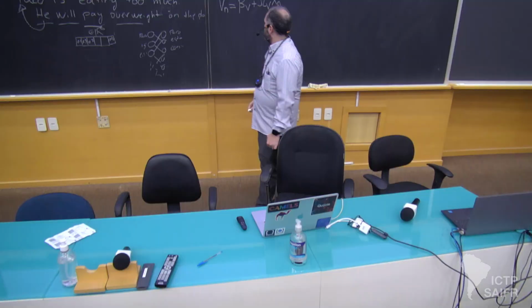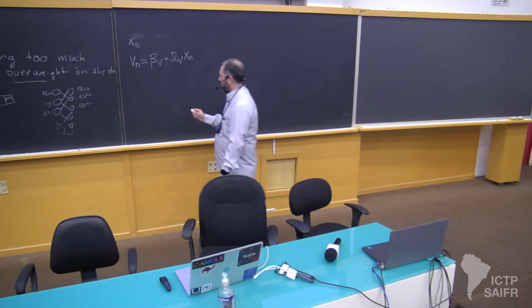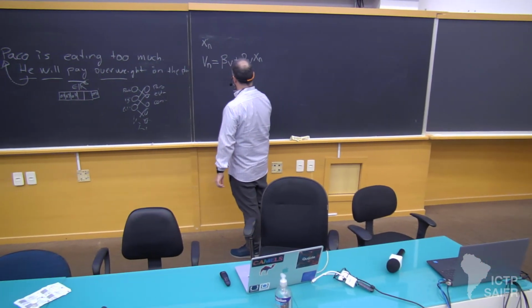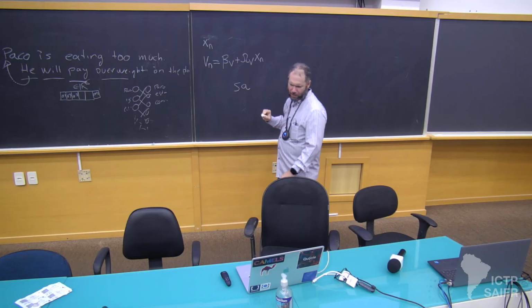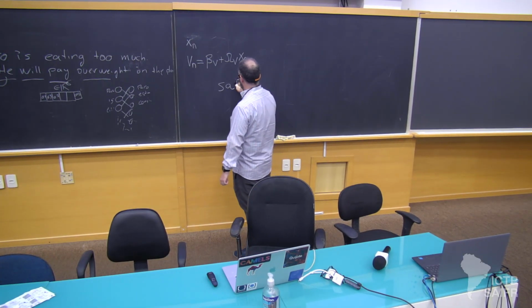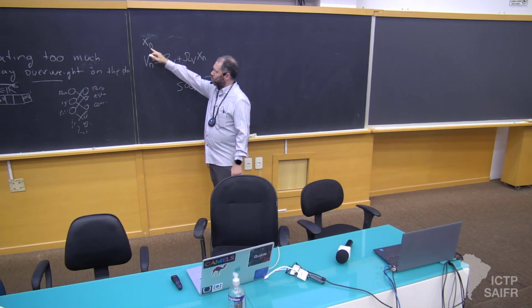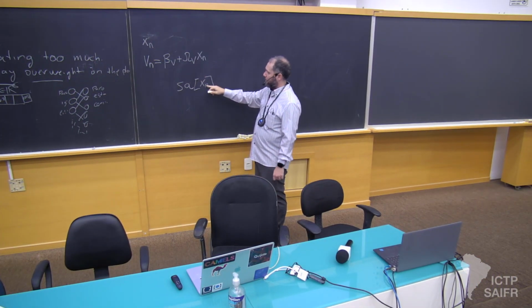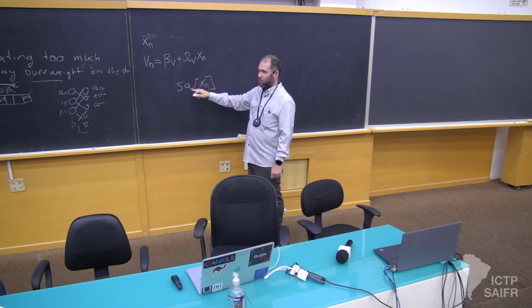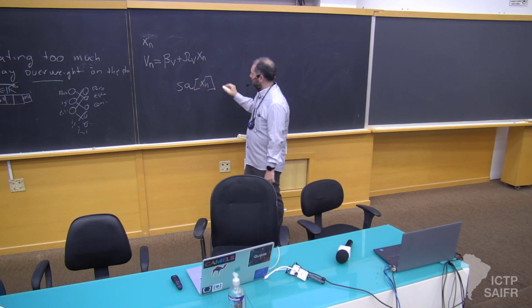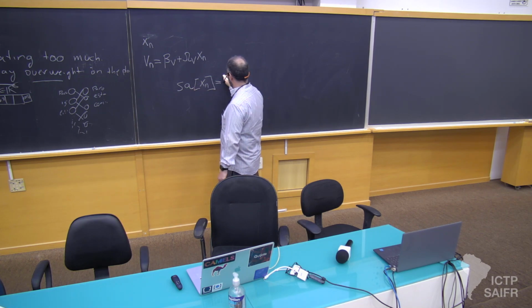And now, this is very important, so let me write this correctly. The definition of the self-attention: we're going to define, for every value, for every word, the self-attention of that word. And the definition is basically this.